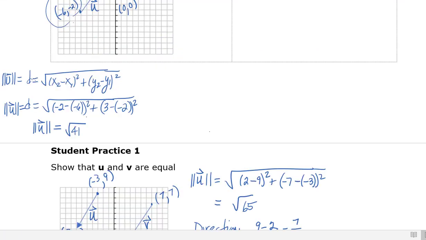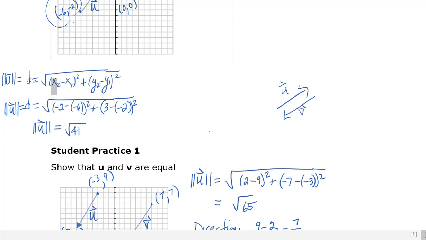Just use some caution when using the slope to determine if the direction of two vectors is the same, because remember, they have to be pointing in that same direction as well. If I could draw two vectors, here's one, it would be my vector u, and this one would be vector v.